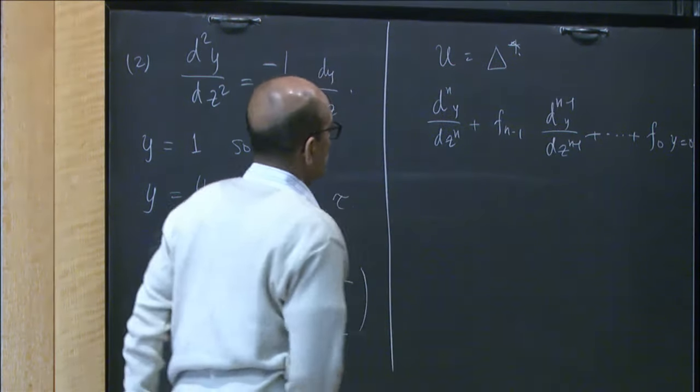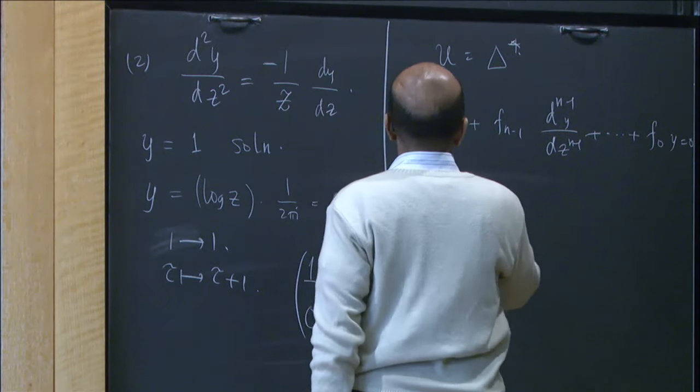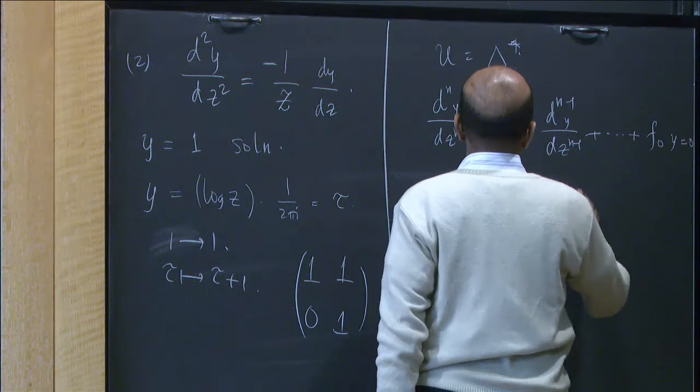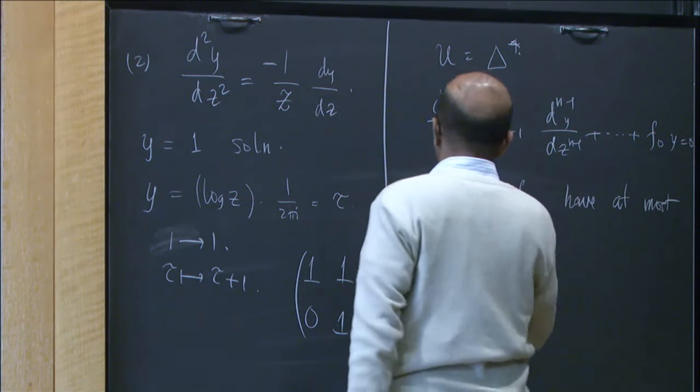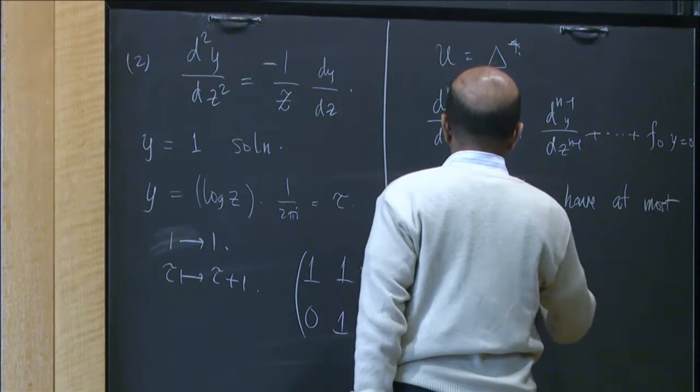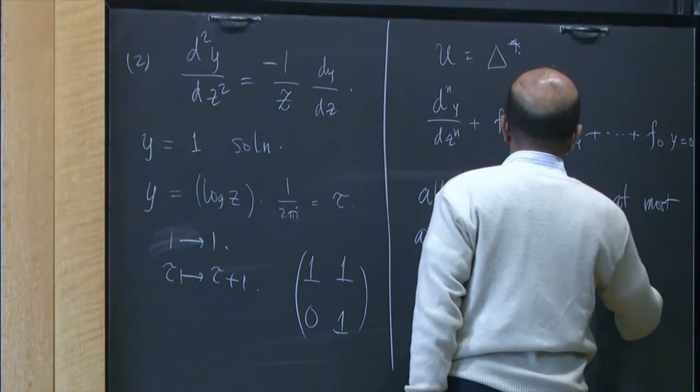This is 0, but I'm going to assume that all the f_i have at most a simple pole at z equal to 0.